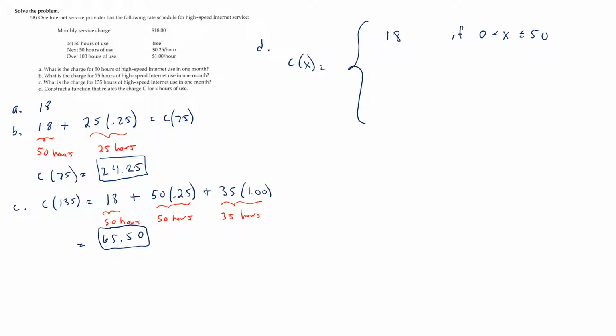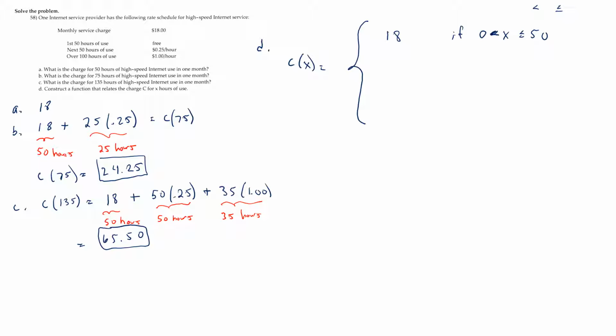It'll be constant. I didn't put the equals on the 0 because I think you could go either way. On the 0 right here, you could put less than or less than or equal to. I suppose technically if I use 0 internet, then why would I be paying anything at all? So I would mark this correct whether there was a less than or less than or equal to right here.